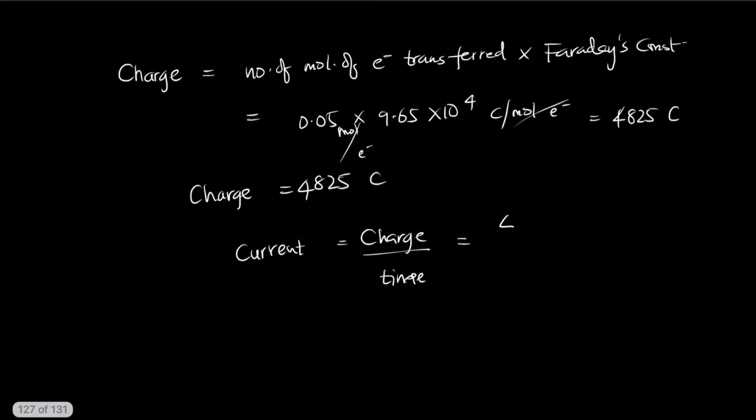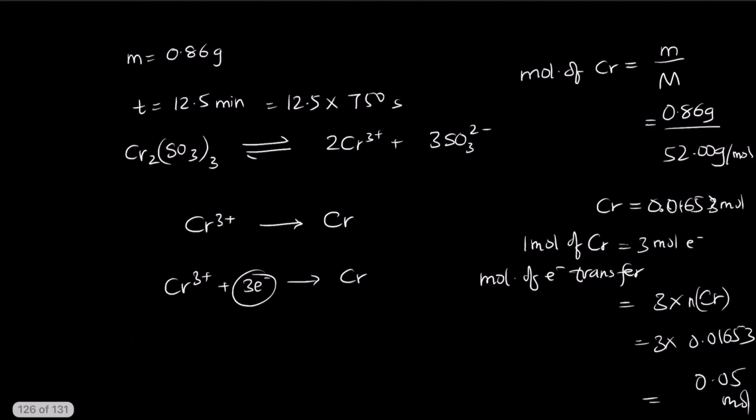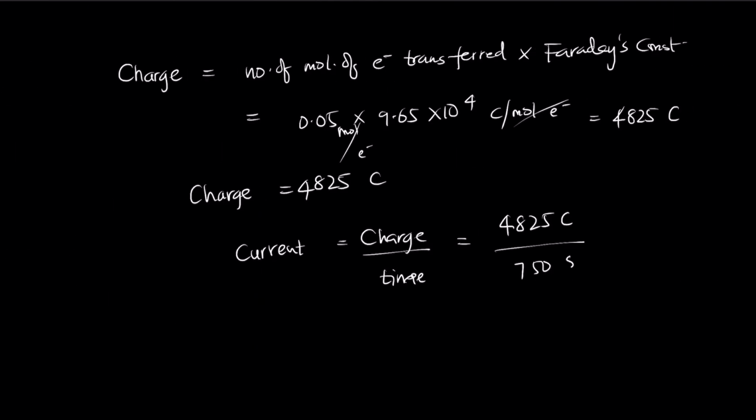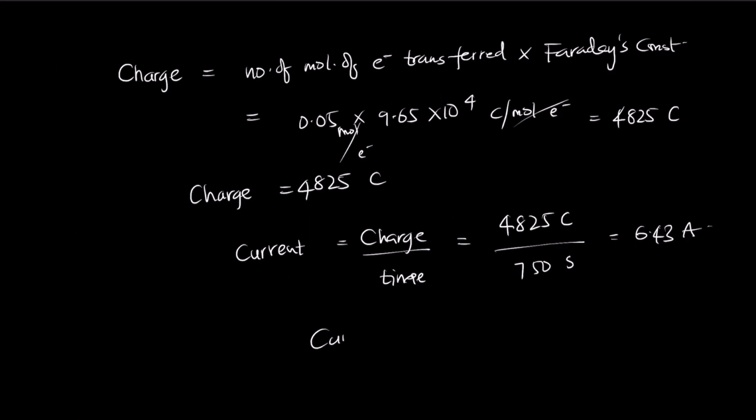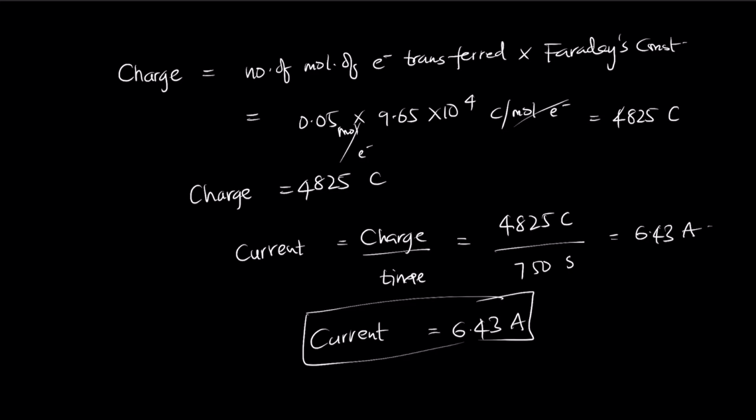So you have a charge of 4825 coulomb over 750 seconds. 4825 divided by 750 gives you 6.43 amps. So the current required for that much electroplating is 6.43 amperes.